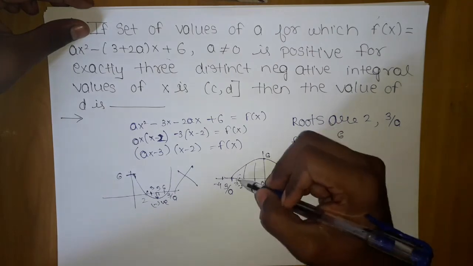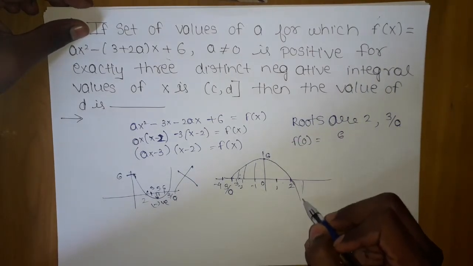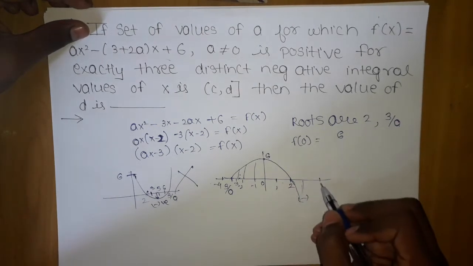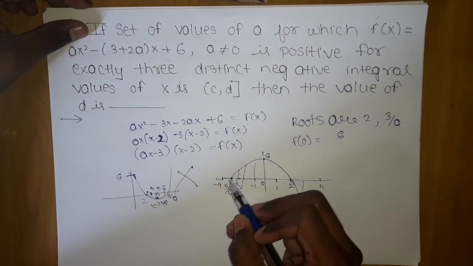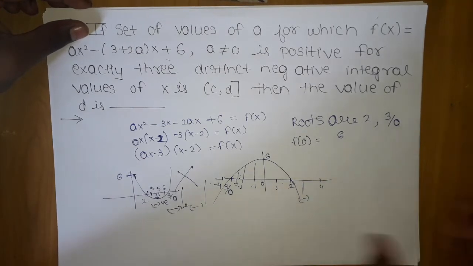Here it will be positive, positive, positive. If you take any other number after 2 negative, the graph will be negative. After this, if you take any value after 4, 5, any value from here also, the graph will be under, negative value. Everything will be negative value for any term.